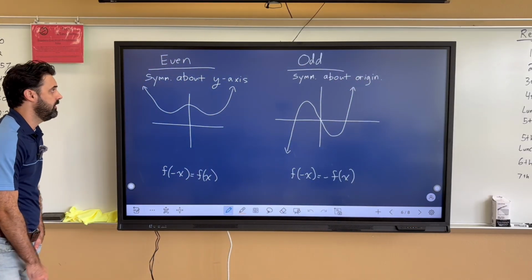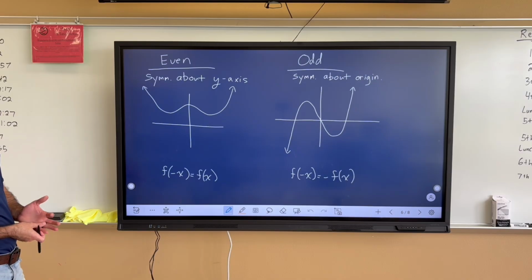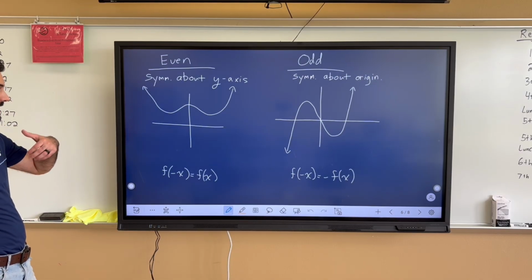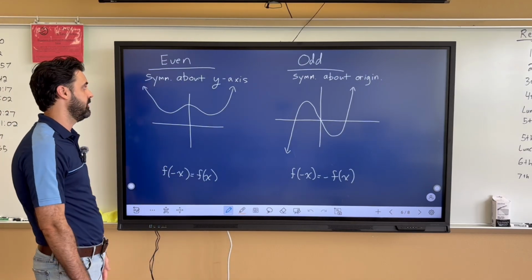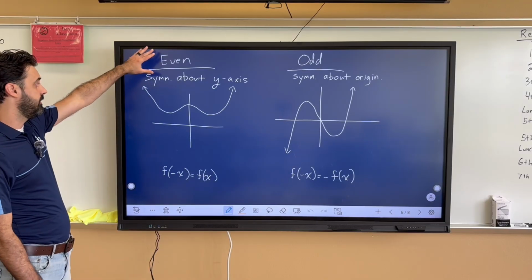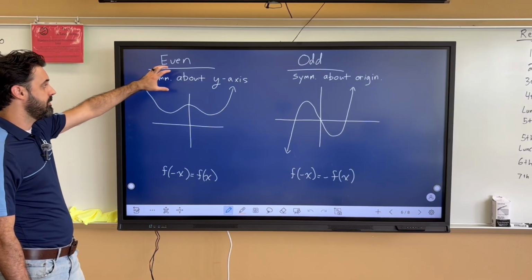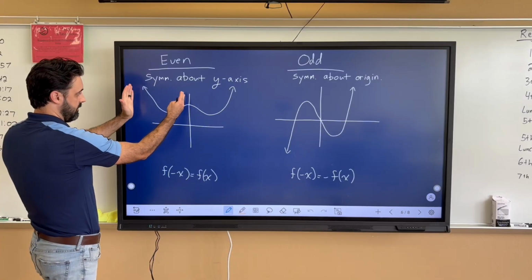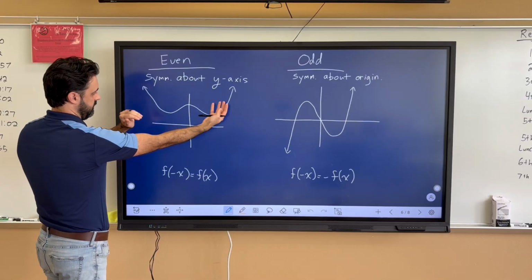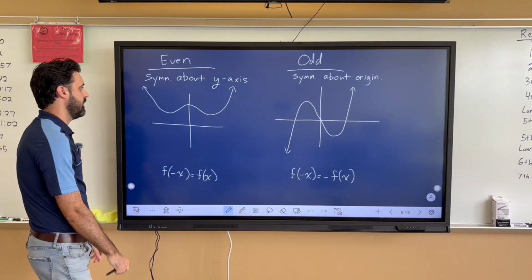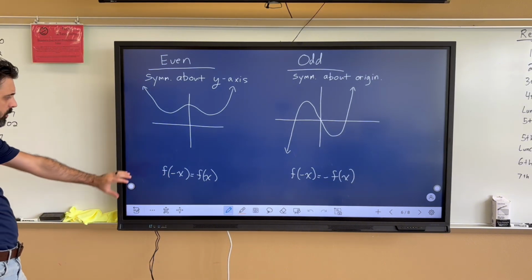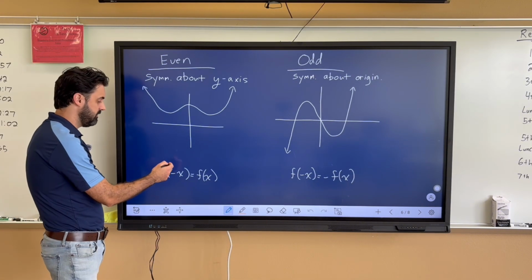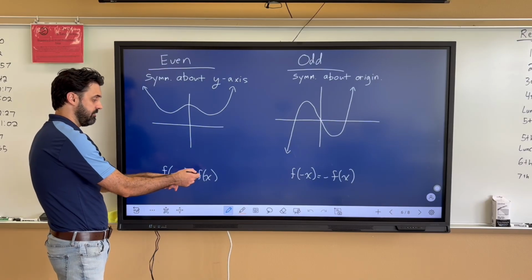A little bit more about even and odd functions. The ones we just worked with are polynomials, but not every question is going to be about a polynomial. All even functions are going to have symmetry about the y-axis. It doesn't have to be this graph, but something like this. Whatever's to the left of the y-axis, we just flip it over, and it's also the graph to the right of the y-axis. And we also say that f of negative x is equal to f of x.